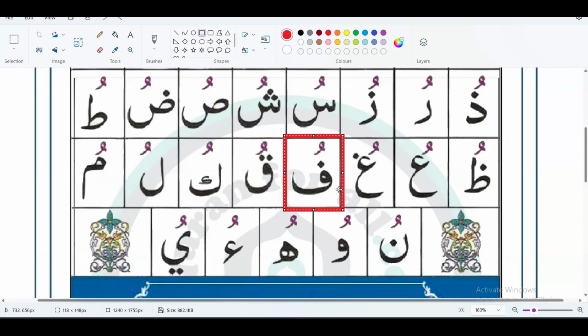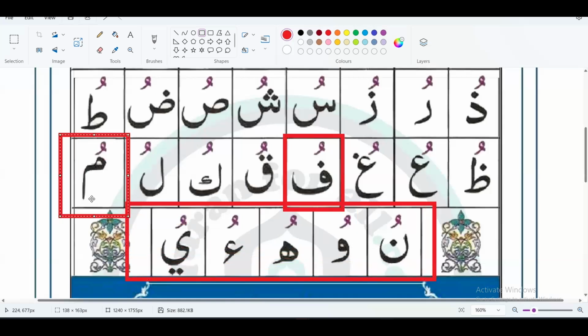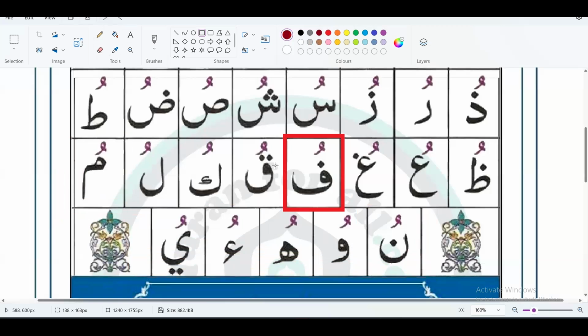Remember I told you, this is a meme. No, it's not meme, sorry. This is a meme, right? The one in the bottom. In this line, there is no meme. This one is meme. Okay, so this is Nun. No, noon is this one. This is Ka.